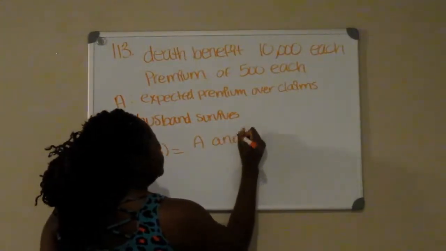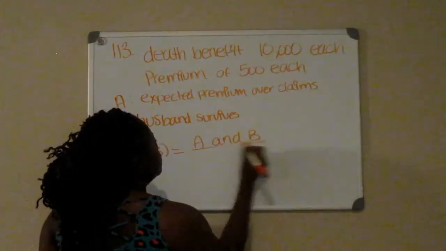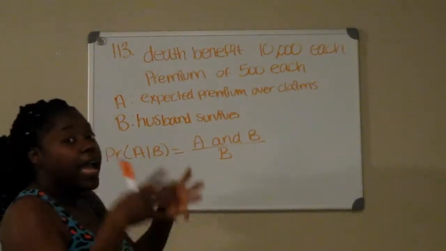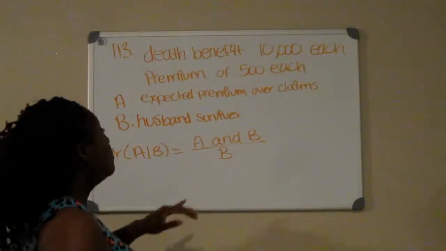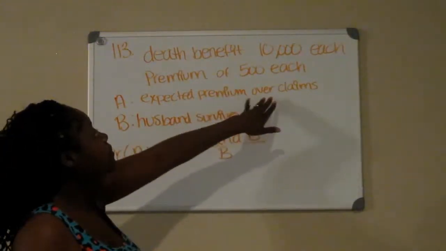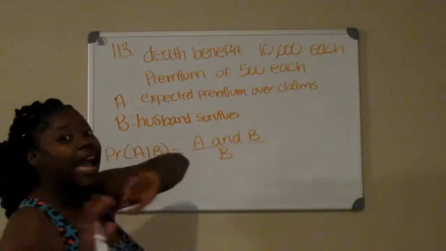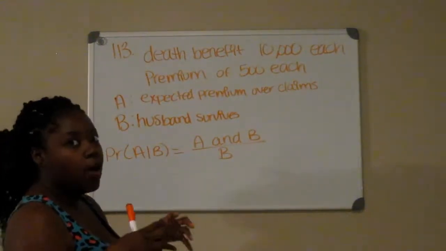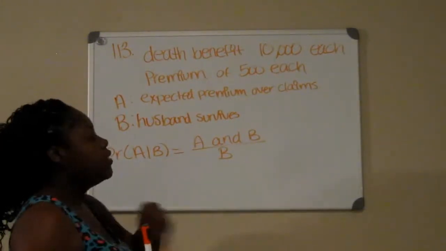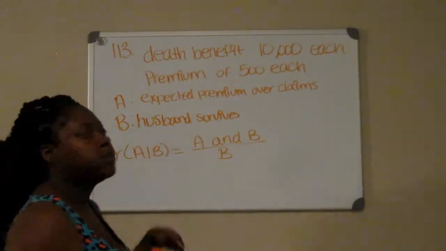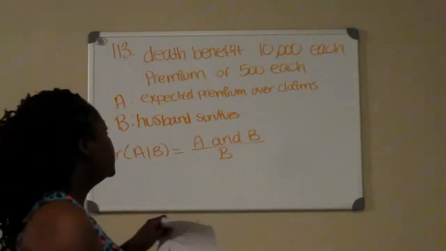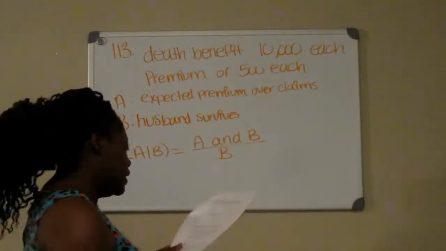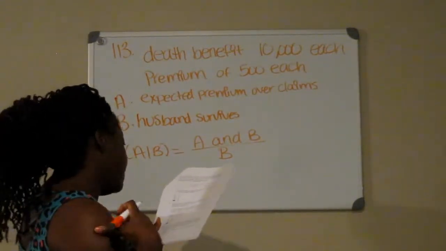The probability of A and B over the probability of B. So the probability of the expected premium over claims and the husband survives, we need that whole probability, and then divided by the probability that the husband survives, period. So let's go back to our sheet and look at our probabilities for the husband being alive or dead.